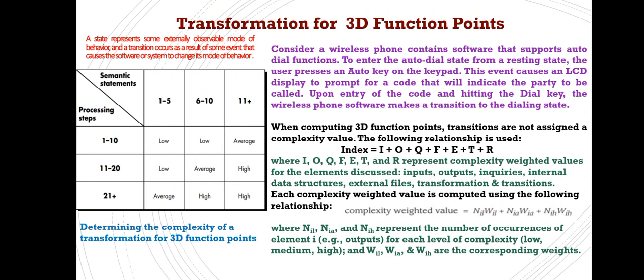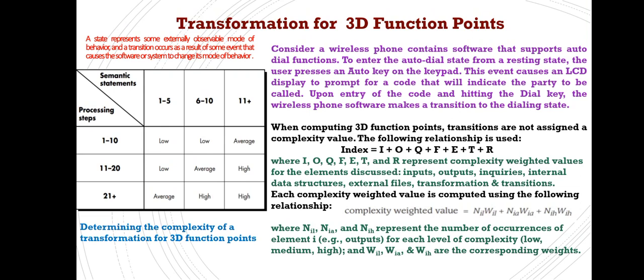The event prompting for that code is displayed, which indicates any party to be called. Then we hit the dial key. Ultimately we get the output state as the dialing state.